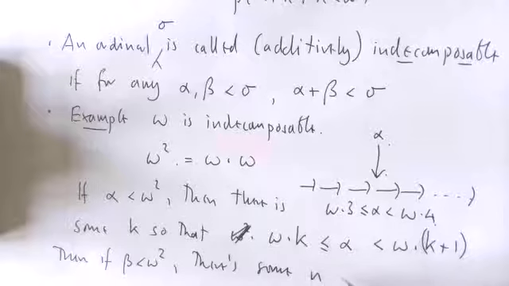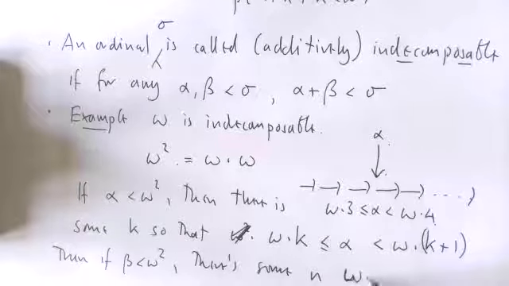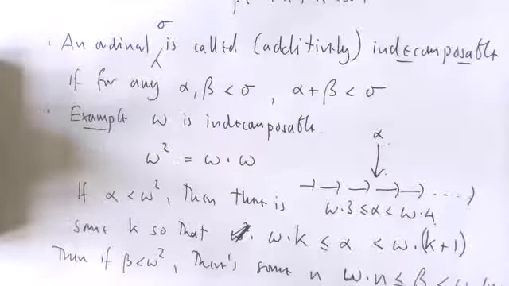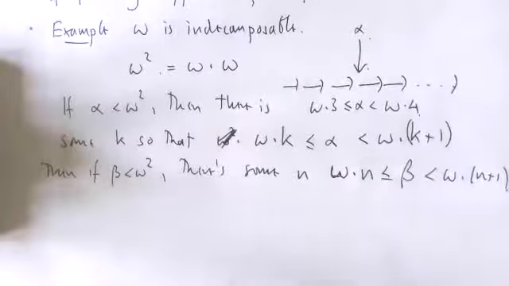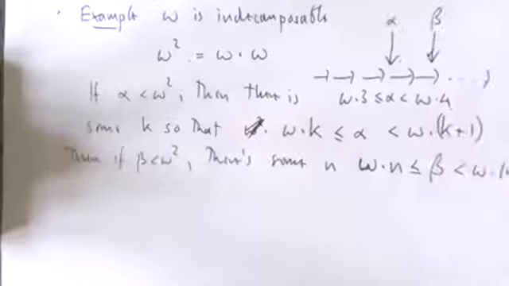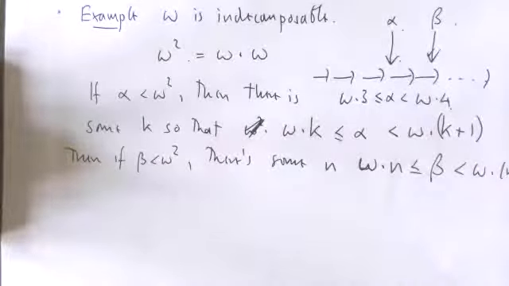For some n, it appears between the nth and the n plus first block. Okay, so maybe beta is here.